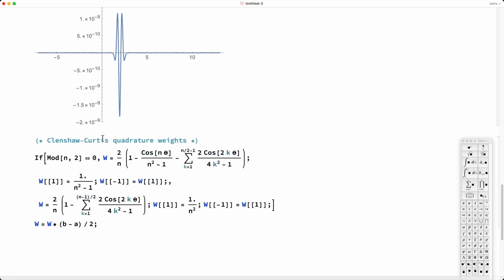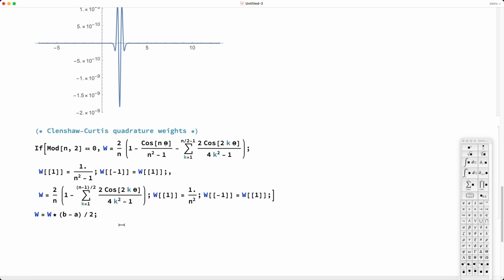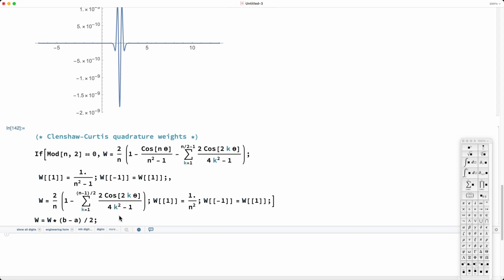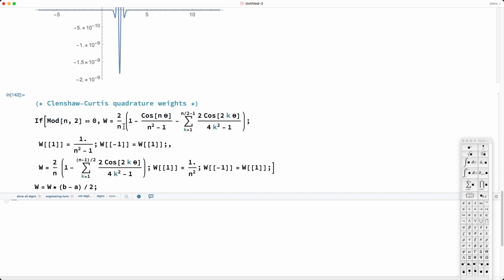Okay, so this constructs the weights for our grid, and let's execute that. And then all I have to do is dot those weights onto my expression for the energy. Now, the expression for the energy is that, let me write it down here.